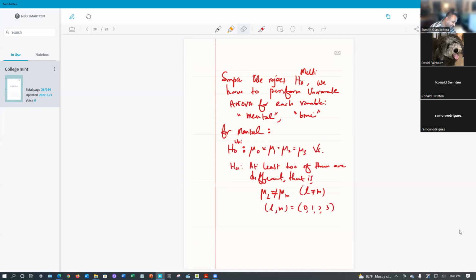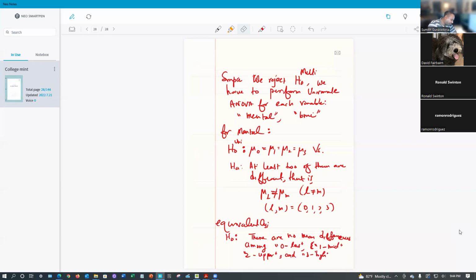So you can equivalently write this one. You can write H naught for the univariate case: there are no mean differences among 0, which is low, 1, which is mid, 2, which is upper, and 3, which is high, groups for the mental variable.